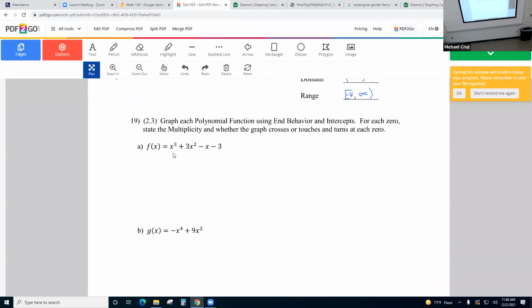So this right here has got that same basic shape of what we were just looking at. All it's asking is just whether it crosses or turns around. So it crosses. This one touches. So this one crosses, this one touches.